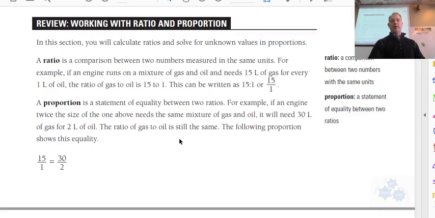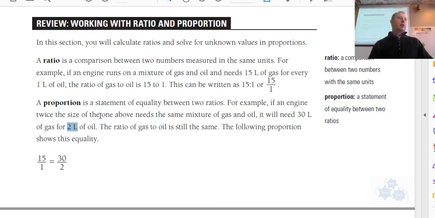All right, a proportion. What is a proportion? Well, a proportion is a statement of equality between two ratios. I've got it summarized right here. If an engine twice the size of the one above needs the same gas mixture, which I actually just mentioned, so 30 liters of fuel, we would need 2 liters of oil.